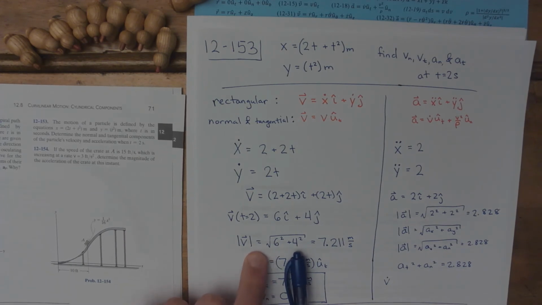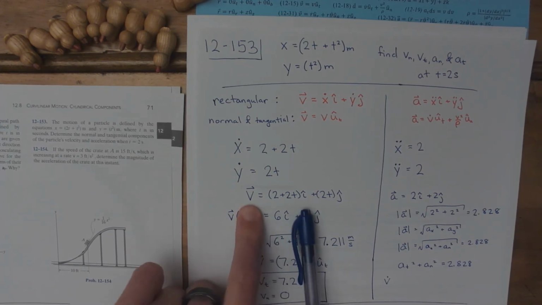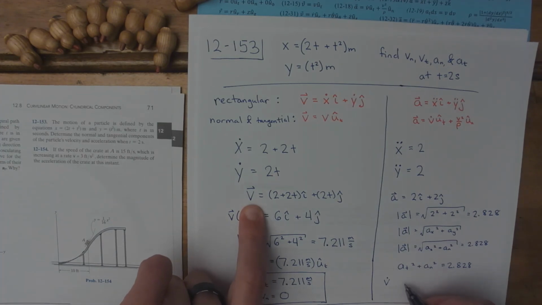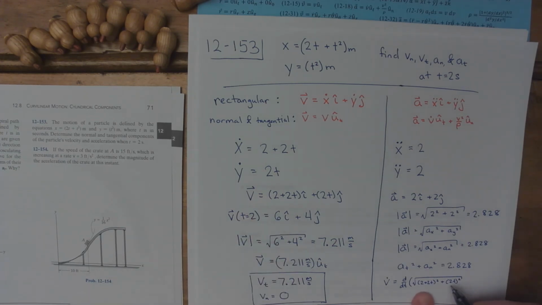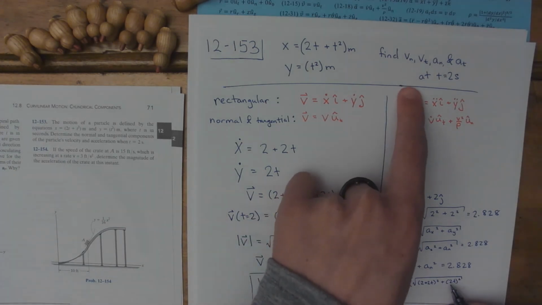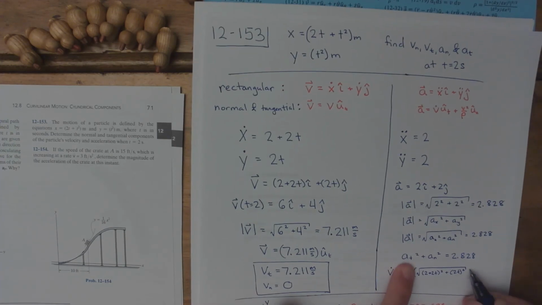So if I do this, not for the velocity at 2 seconds, but for the velocity at any time, we're going to have to take the time derivative of this. The magnitude of the velocity at any time t would be the square root of (2 plus 2t) squared plus (2t) squared. And if you take that and plug in 2 seconds, you should get back the 6 squared plus 4 squared. So in parentheses here is the magnitude of the velocity as a function of time.